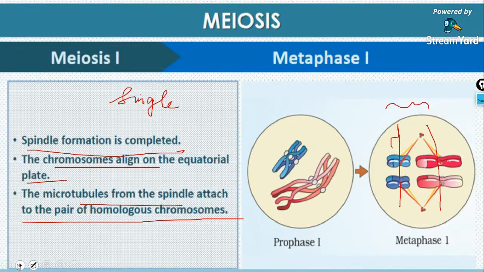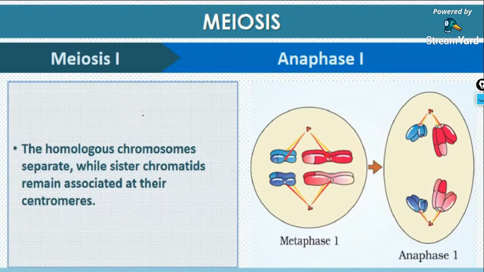Clear with that? Next is anaphase 1. No splitting of the centromere occurs, whereas the bivalent chromosomes get split and move towards the poles.